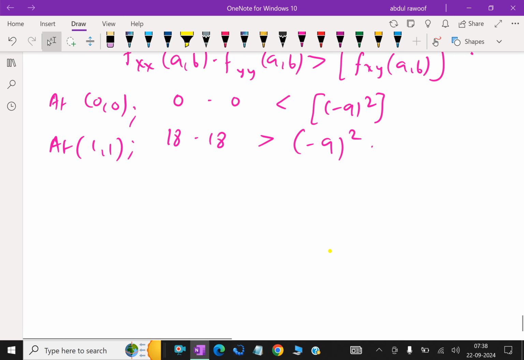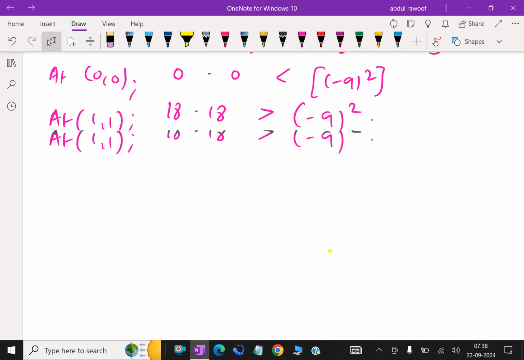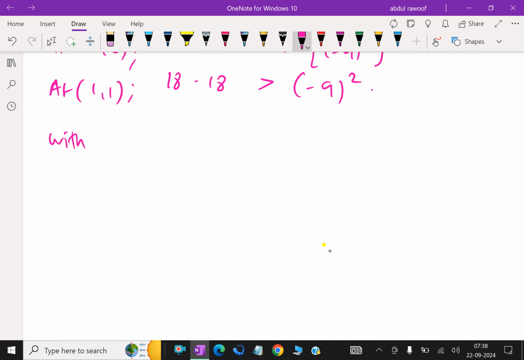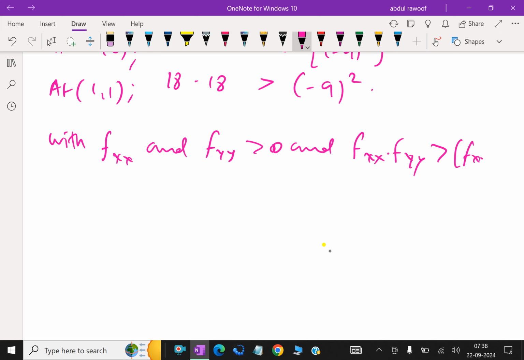Now with fxx and fyy greater than 0, and if fxx fyy is greater than fxy squared at the point (1, 1), it satisfies.